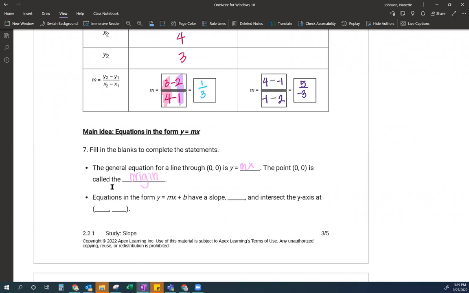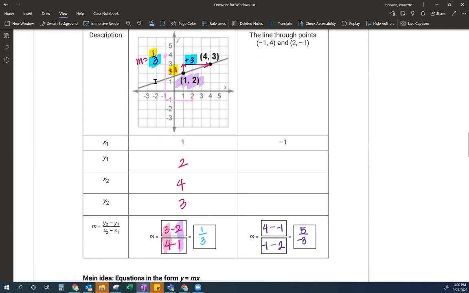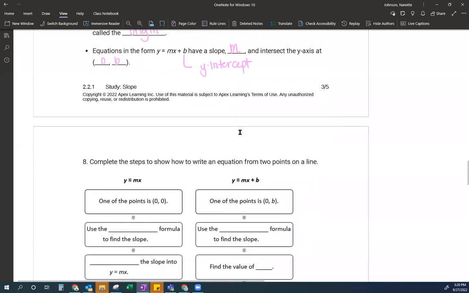Equations in the form of y equals mx plus b have a slope of m and intersect the y-axis at 0, b. And b is called our y-intercept. Intercept just means where the line or graph hits the y-axis, right? So here, if you look at this line right here, that's the y-intercept right there, because that's where the line crashes into your y-axis, right?